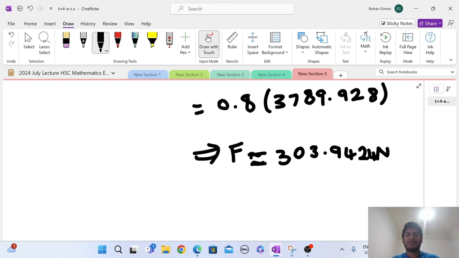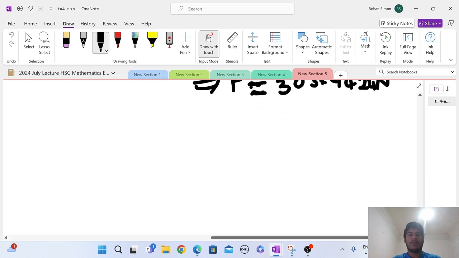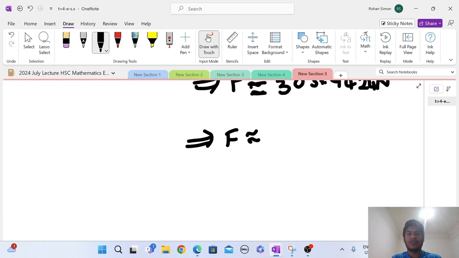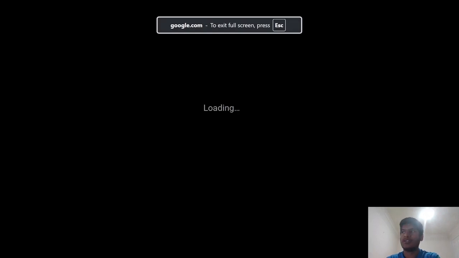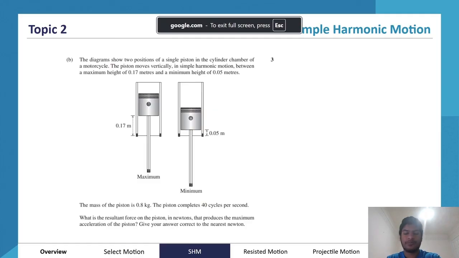So the force is approximately 3032 newtons, because it says the nearest newton. That's our maximum force. Now, in terms of force, usually you want to specify direction, and the direction for simple harmonic motion is quite often just towards the center of motion.